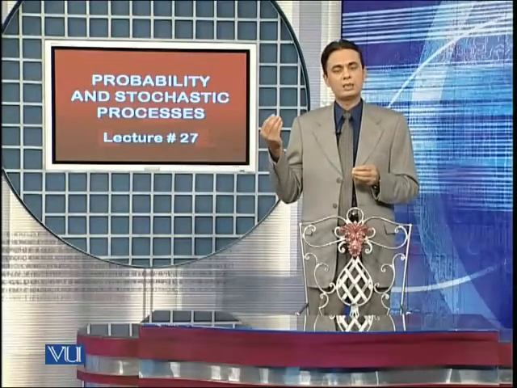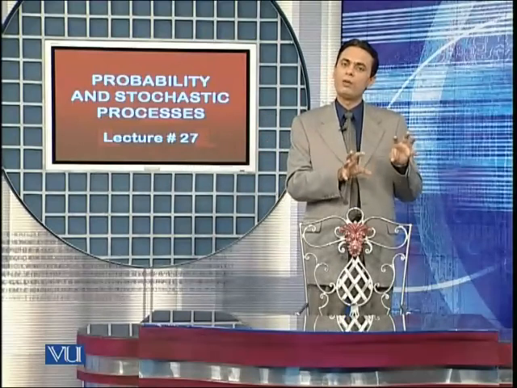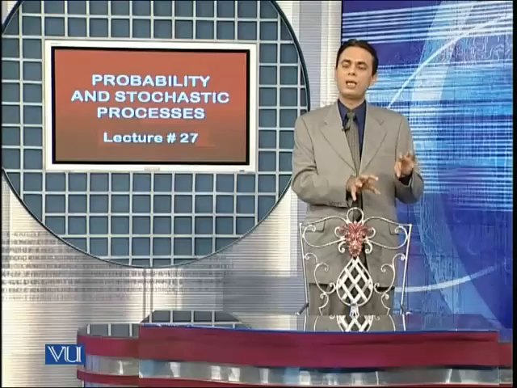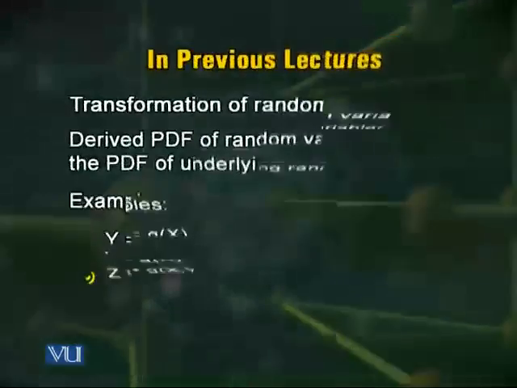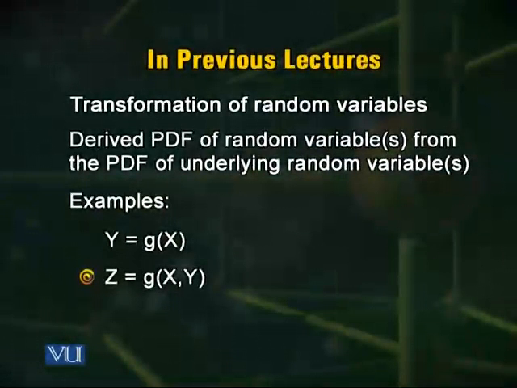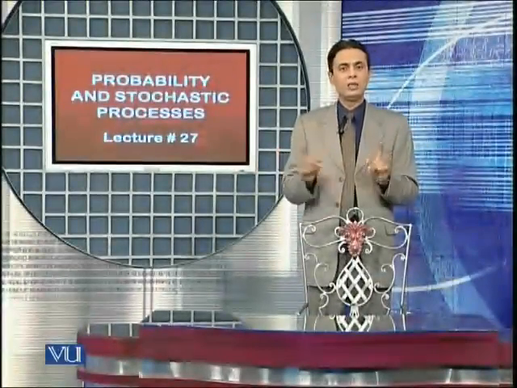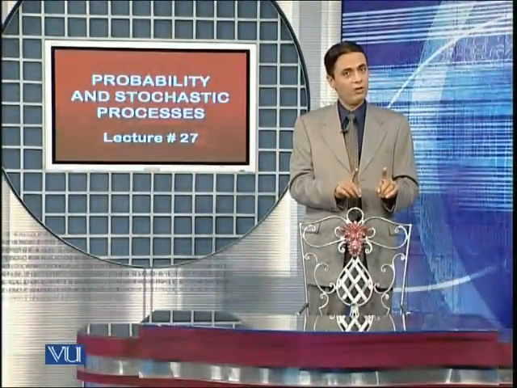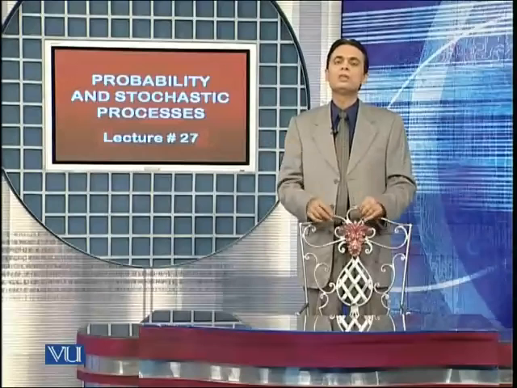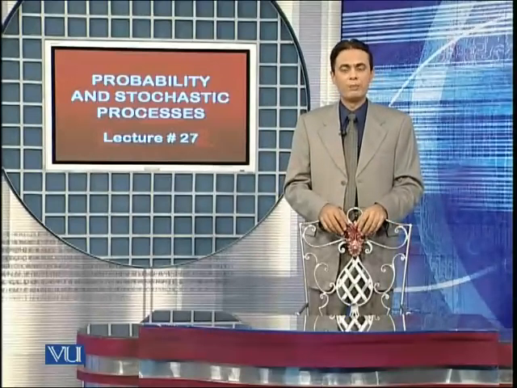So z attains its value based on the values of the two underlying random variables x and y. The transforming function is of the kind z is equal to g of x comma y. This transforming function is from R square to R. It takes two arguments, the value of random variable x and the value of random variable y, and gives you a new value which we assume to be the value of the new random variable z.